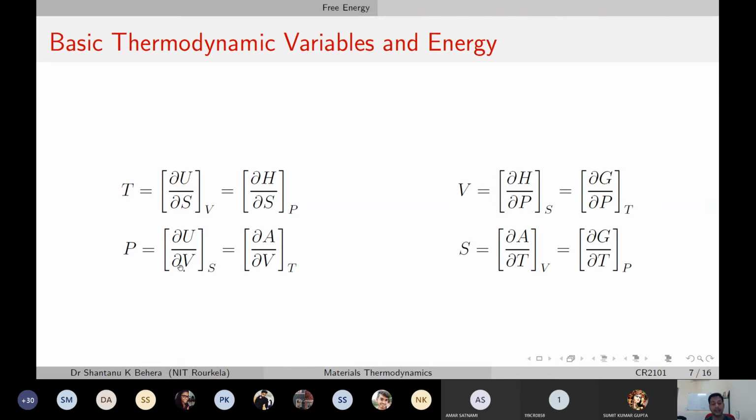Here you know there's a P and V relationship. P in a constant entropy process is del U by del V, the change in internal energy over change in volume. And the same thing, the change in Helmholtz free energy over change in volume at a constant temperature is equal to P.